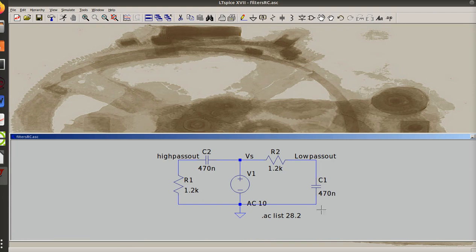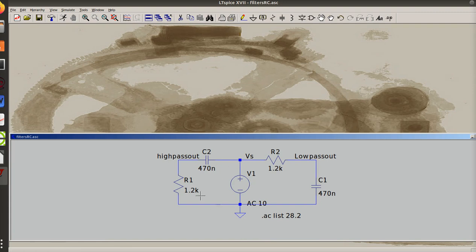As my frequency gets higher, my capacitive reactance gets lower, and so my high frequency signals will be shorted to ground. And that's what's happening with a filter. You don't necessarily have a power supply, you just have various signals coming in that you're going to modify, but this is a good place to start.